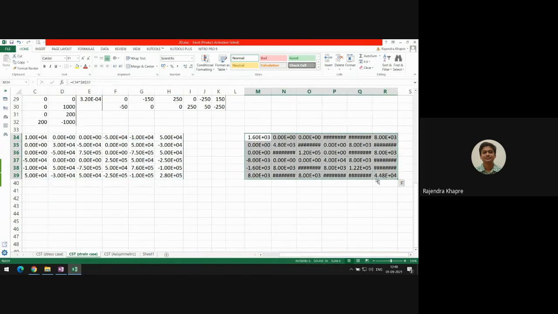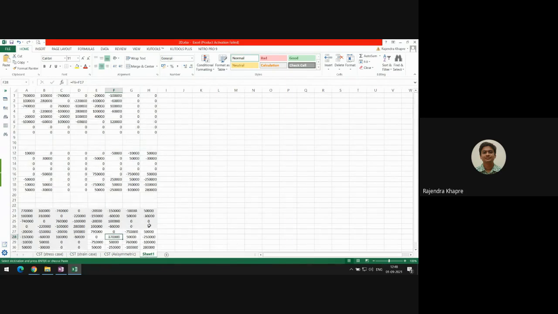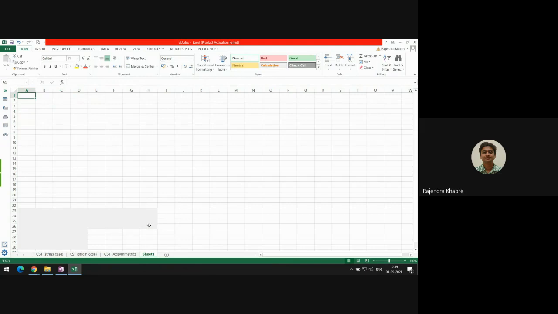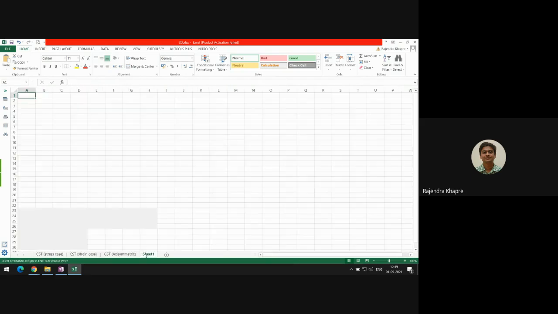I'm copying this and creating one more sheet, and let me delete the entire portion. I'm pasting this over here. Let me copy it one more time and paste the values.